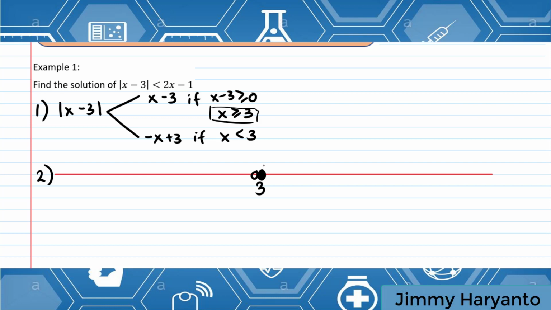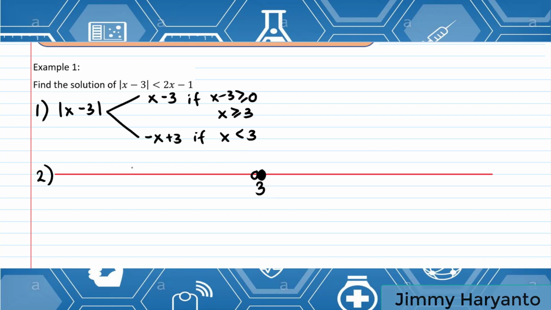So the right dot pairs up with greater than or equal to. The left side pairs up with this one, x less than 3. It doesn't have an equal sign, so I will leave it like that. This is important in inequalities.